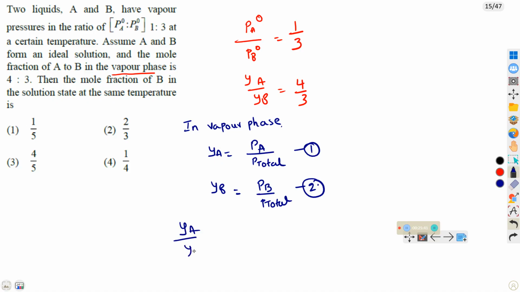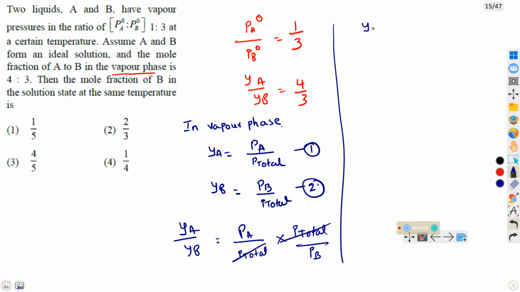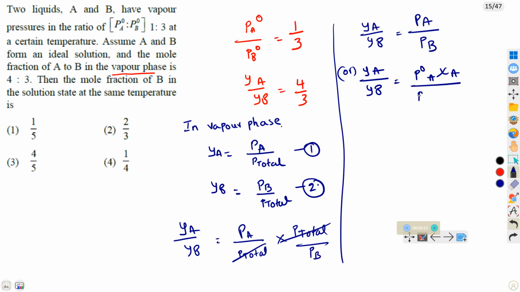YA by YB is equal to PA by P total into P total by PB. P total gets cancelled. YA by YB is equal to PA by PB, or it can also be written as YA by YB is equal to P naught A XA by P naught B XB.